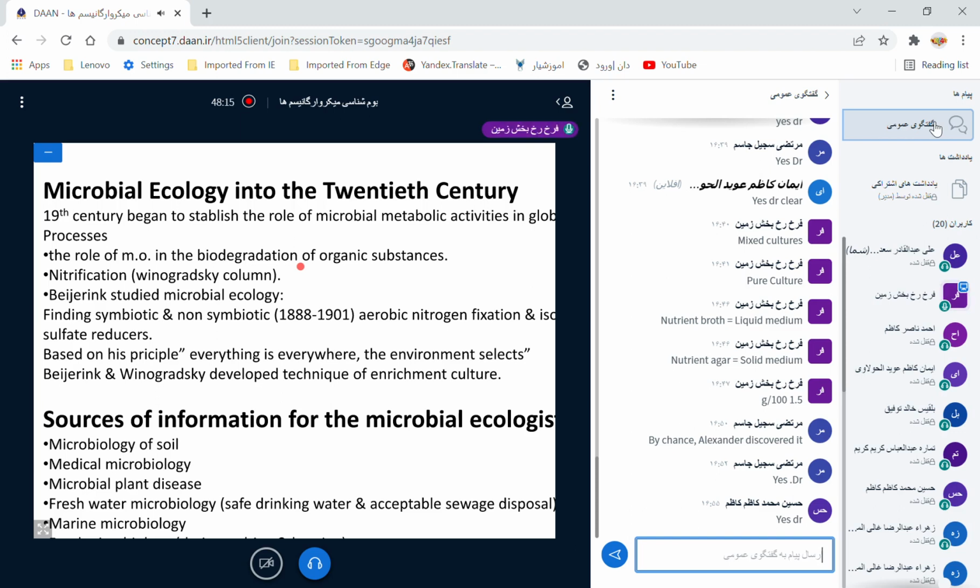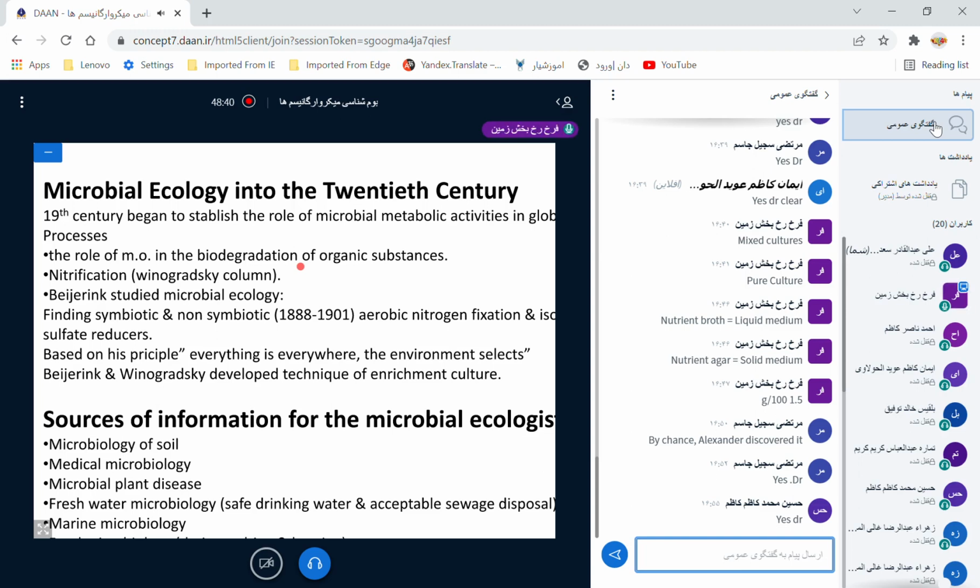Okay? So microbial ecology is not only a pure science. It is the first step for practical work. If some microbes are enemies, we should know them, to stand in front of them.